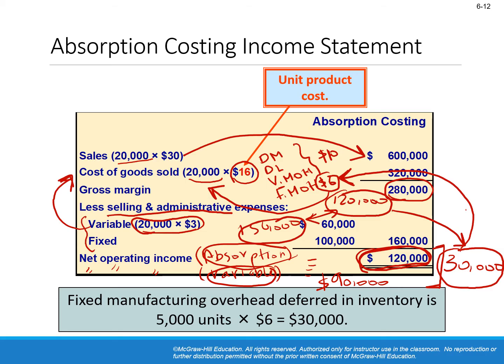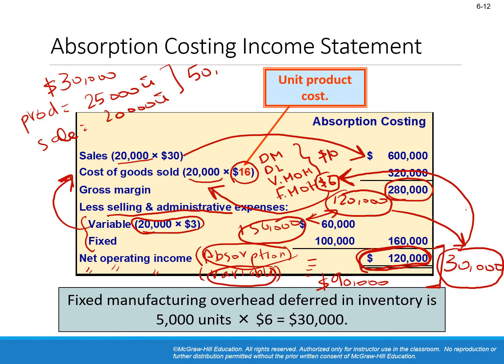Okay, so these $30,000 now, where do they reside? Remember that the production was 25,000 units, and the sale was 20,000 units. The difference between these two is 5,000 units in ending inventory, right? Because we did not sell them. So ending inventory includes these 5,000 units.